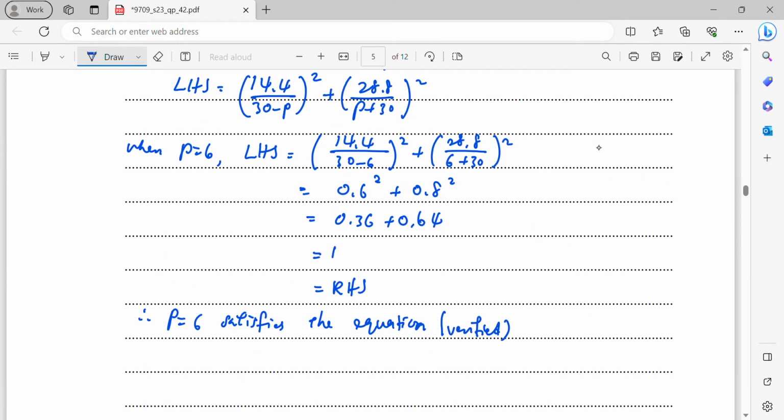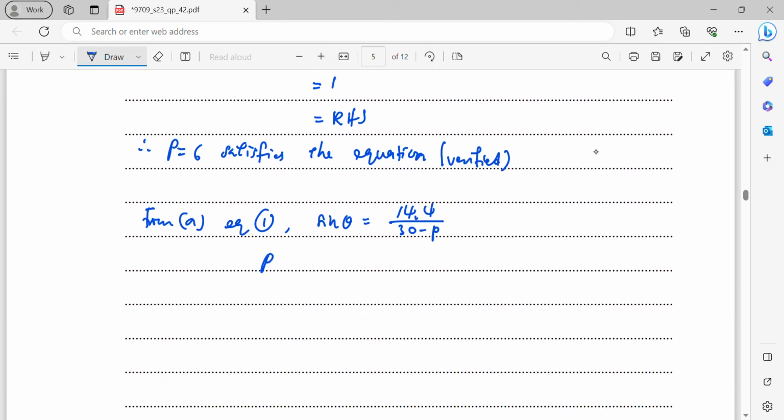So sine theta is 14.4 over 30 minus 6. That means this is 0.6.